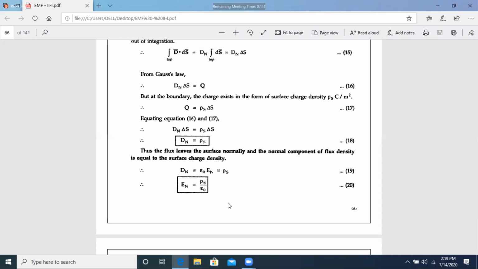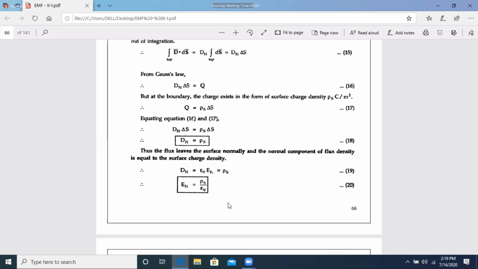Remember, from way back, we know that D equal epsilon times E, and epsilon equal ER2 times epsilon naught.